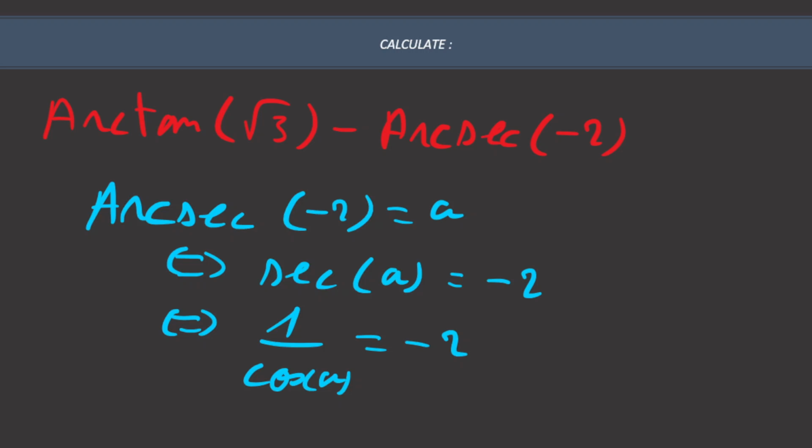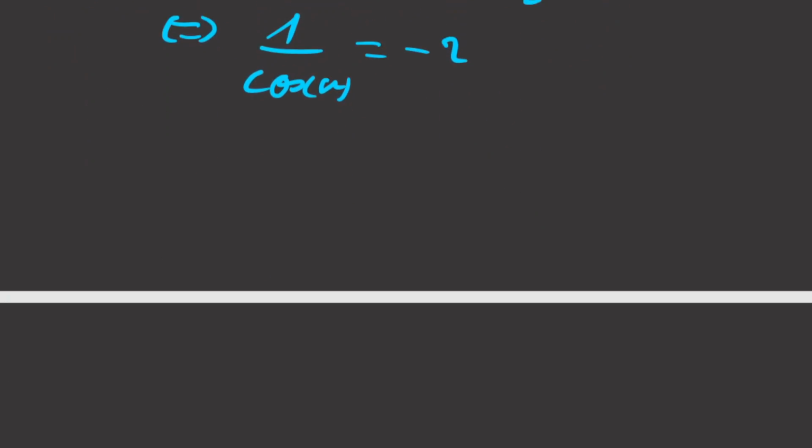So we need to solve the equation simply. I'm going to use a new page and solve our equation. So 1 over cosine of a is equal to minus 2.